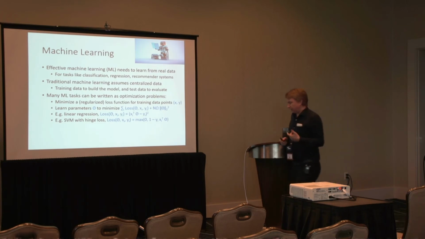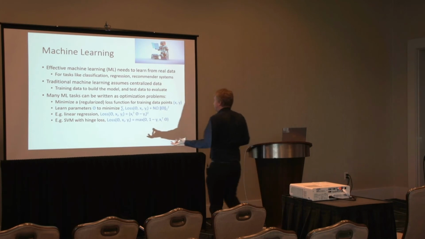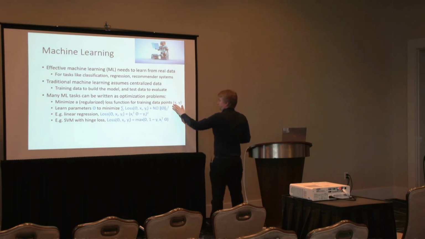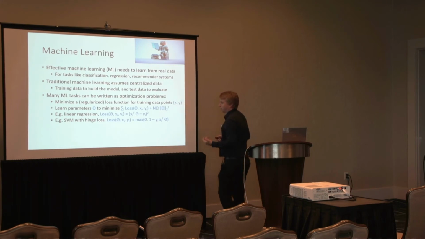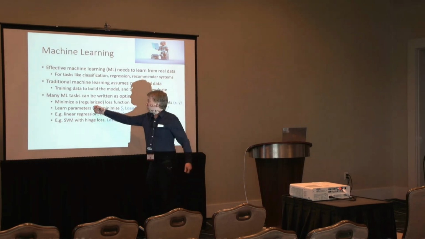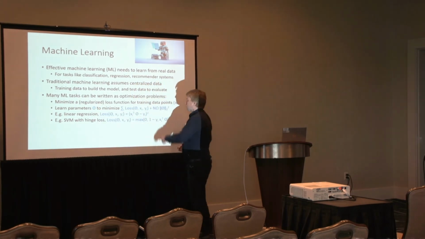So if we think of our input data as being a number of examples or data points, where each data point is some feature vector x and some label y, then quite a number of machine learning problems you can write as an optimization problem where you're saying, I want to learn some parameters theta to minimize a loss function.